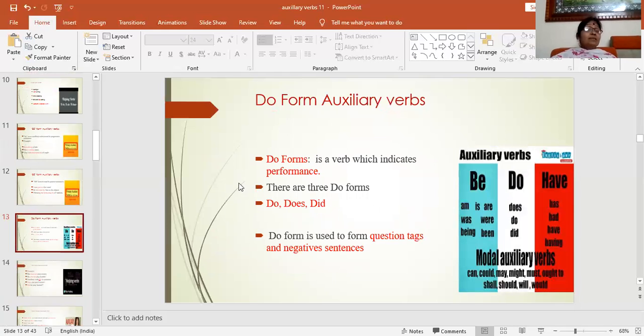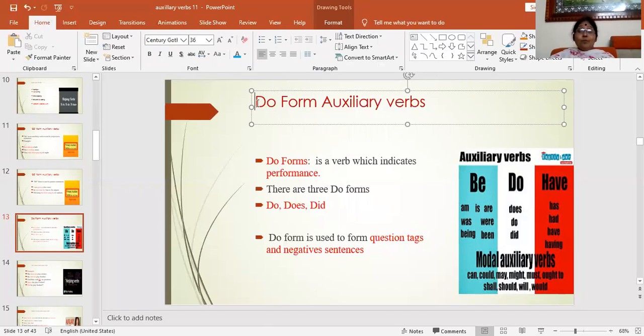The next part is do form auxiliary verb. Now what is do form auxiliary verb? Do form is a verb which indicates performance. Be form indicates position and do form indicates performance, right?